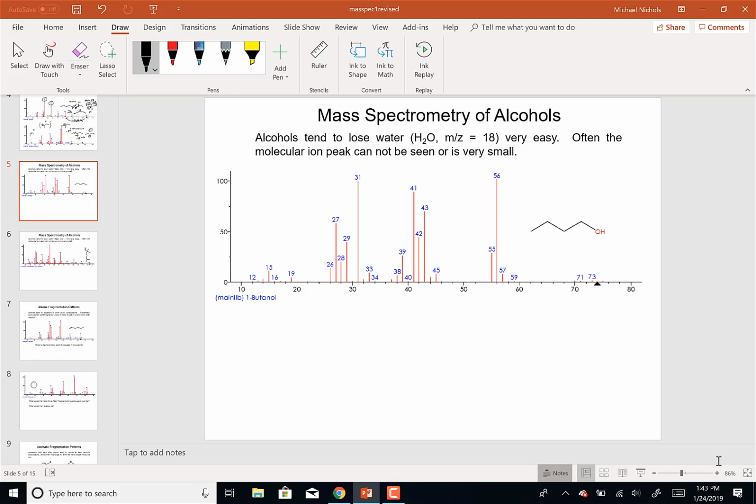Alcohols are the easiest because their main fragmentation pattern is that they lose water. So they lose a neutral molecule. So here is butanol, and butanol weighs 74.